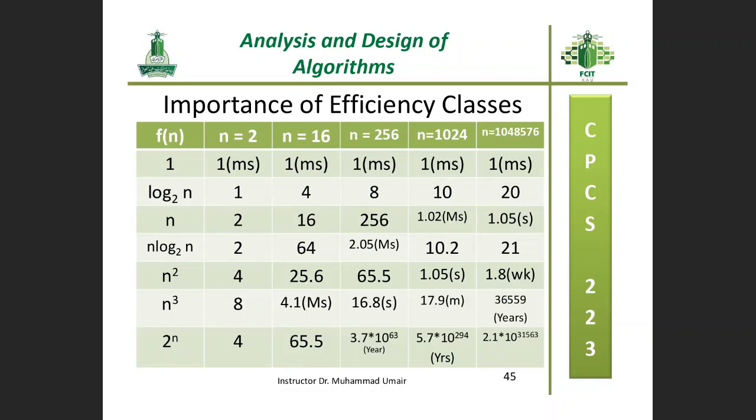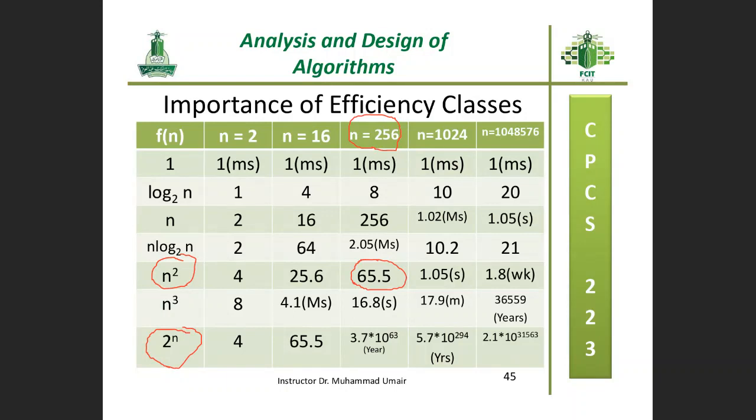For example, if you design an algorithm whose running time is n square, and a second algorithm whose running time is 2 raised to the power n, what will be the difference? Only for an n value of 256, you can imagine that the first algorithm will take only 65.5 milliseconds.